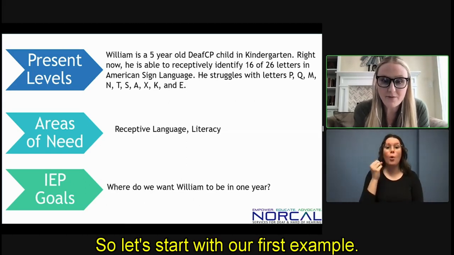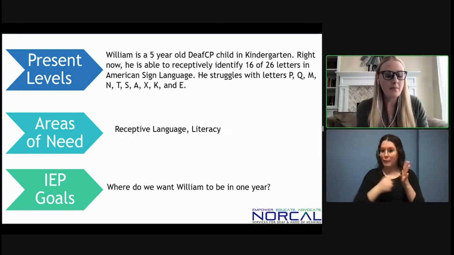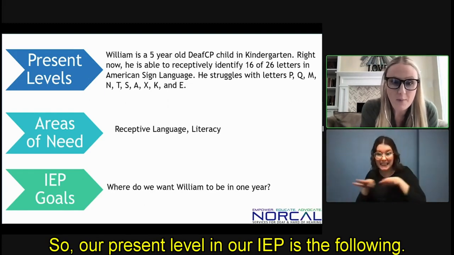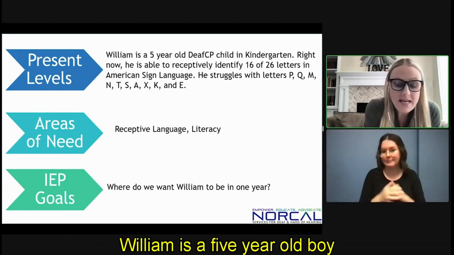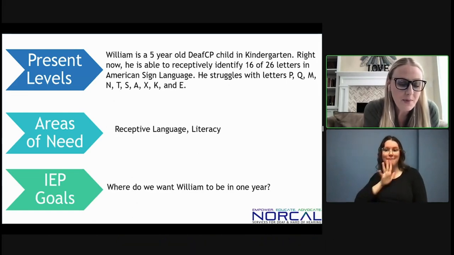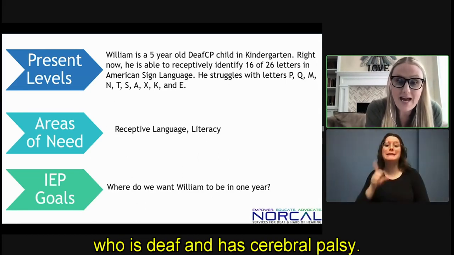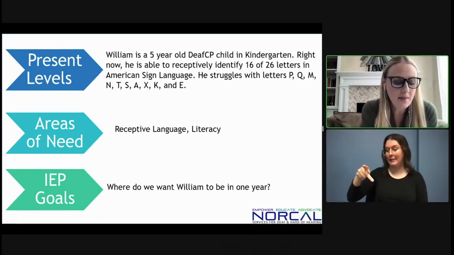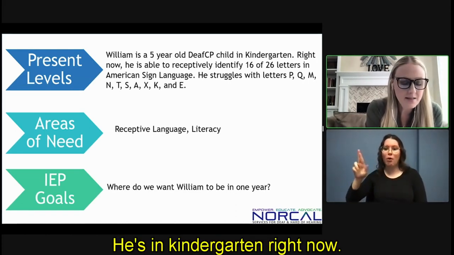So let's start with our first example. So our present level in our IEP is the following. William is a 5-year-old boy who is deaf and has cerebral palsy. So deaf CP, that's what that means. He's in kindergarten.